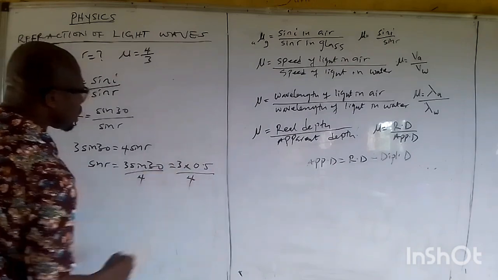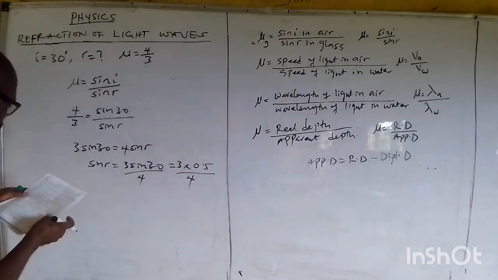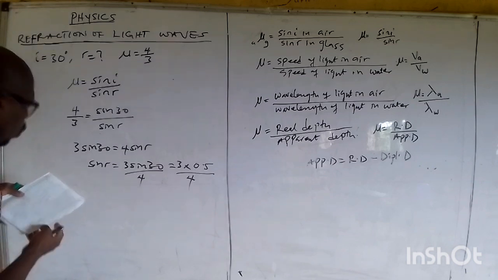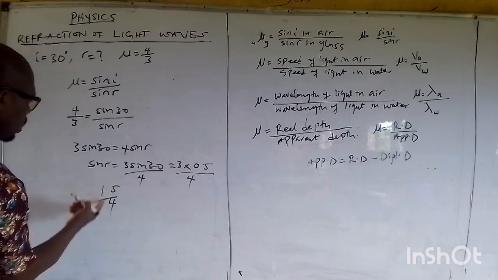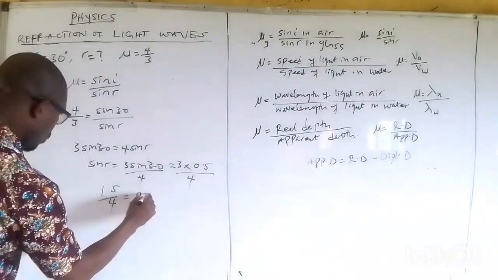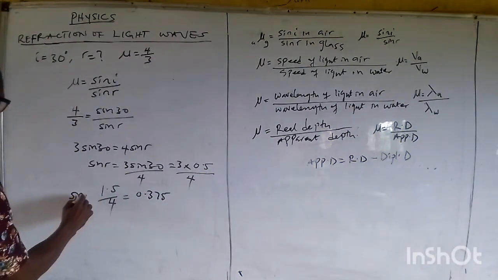Now 3 times 0.5 gives us 1.5 all over 4, and this divided gives us 0.375.